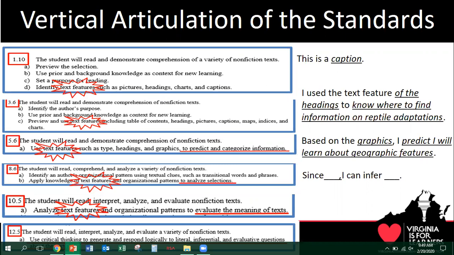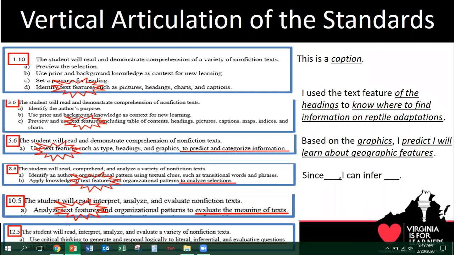Moving on to the next one. Again, I'm using text features, but now it's in order to predict and categorize information. So as I'm thinking about my language objective, I know that text features are a part of that, but also predict or categorize, whichever one I'm going to focus on in the lesson, is also something that needs to be made explicit. So my frame has to include both of those pieces.